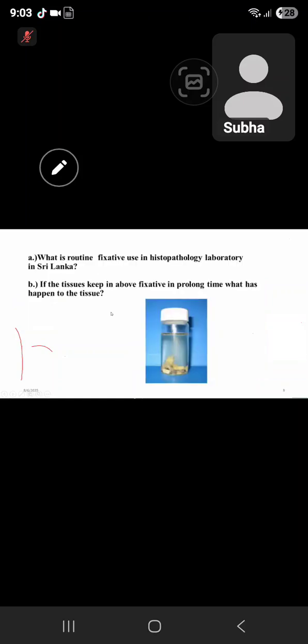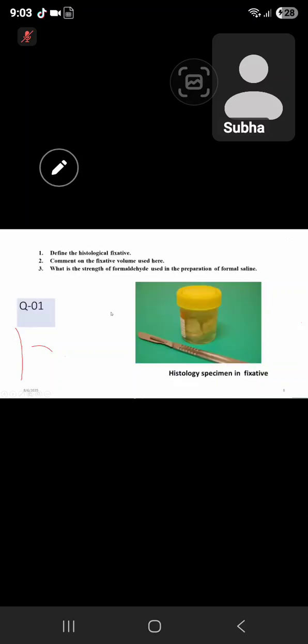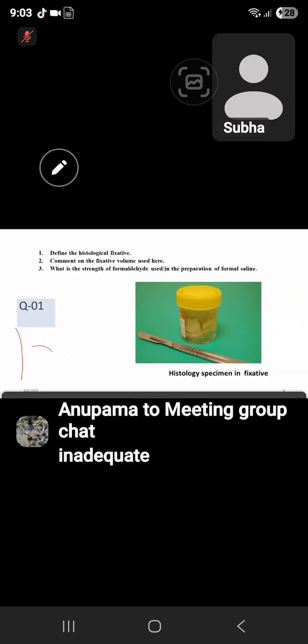So define tissue fixation. I already explained it in the presentation, so you can find your answer and comment on the fixative volume. So what is your answer regarding this?